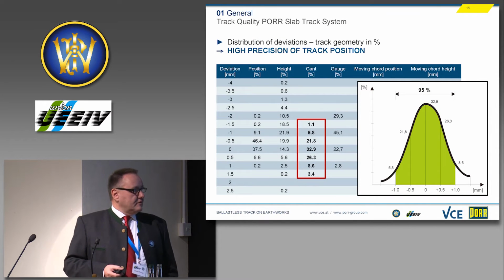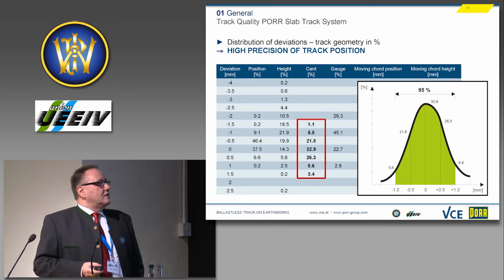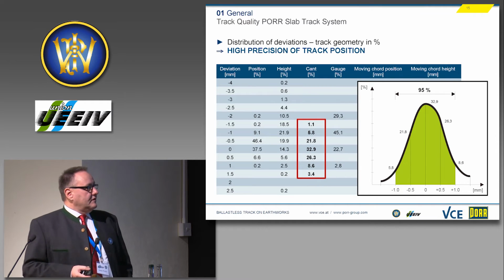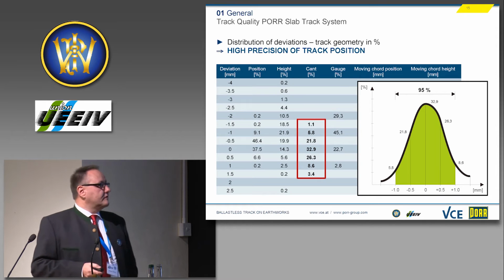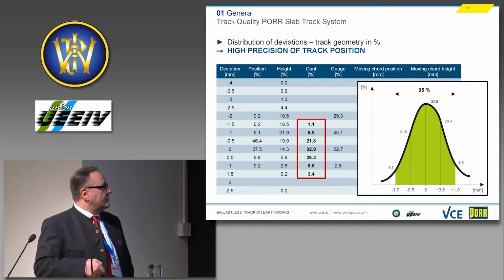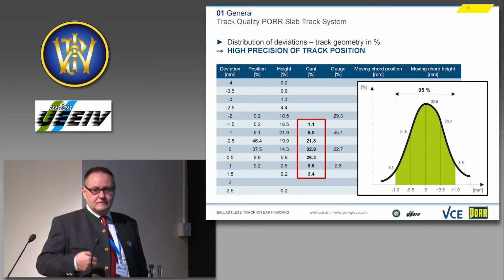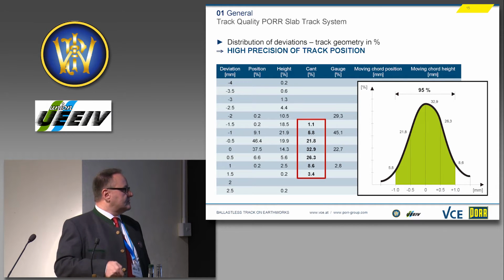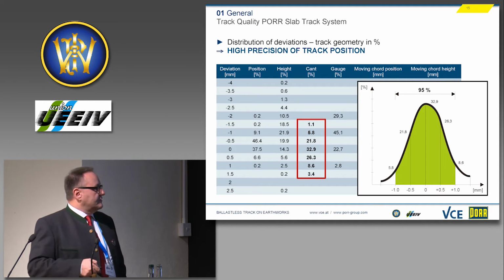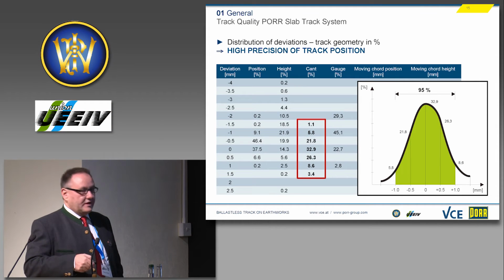If you look at the track quality, this is a protocol from ÖBB where they checked about 700 positions in the track. This is initial track quality. What's shown here is a nominal value of zero deviation from the nominal value. This means 0.5 deviation in millimeters plus minus, and this is the percentage of all values which are within this bandwidth.